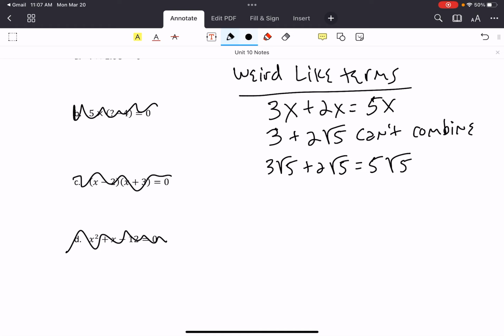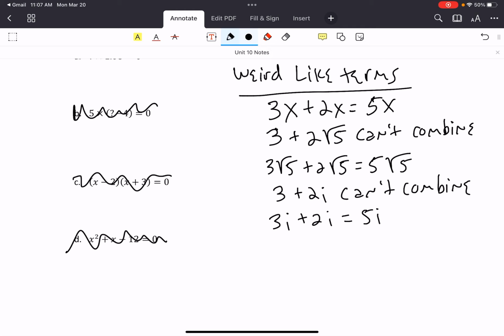The same goes when I have imaginary things. If I had 3 plus 2i, I can't combine those, because one's real and one's imaginary. But if I had 3i and 2i, then I could combine them.